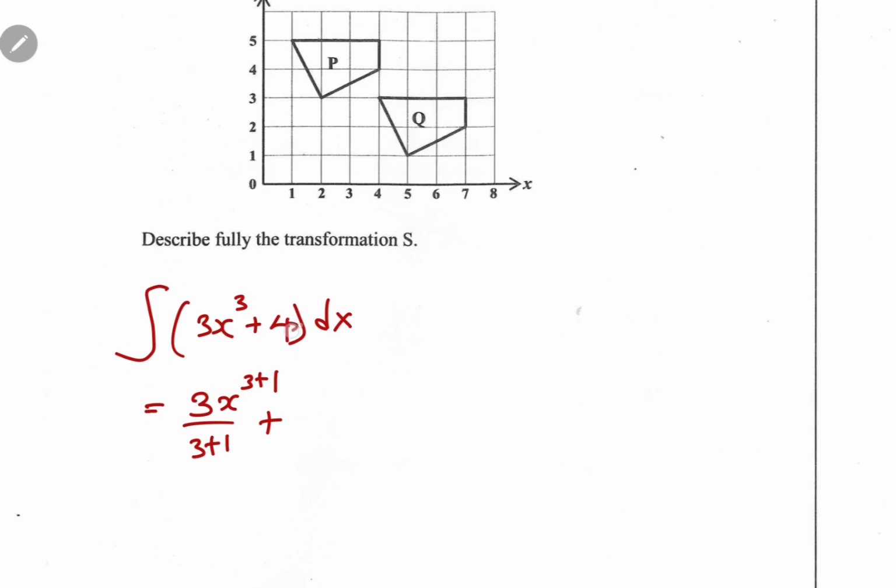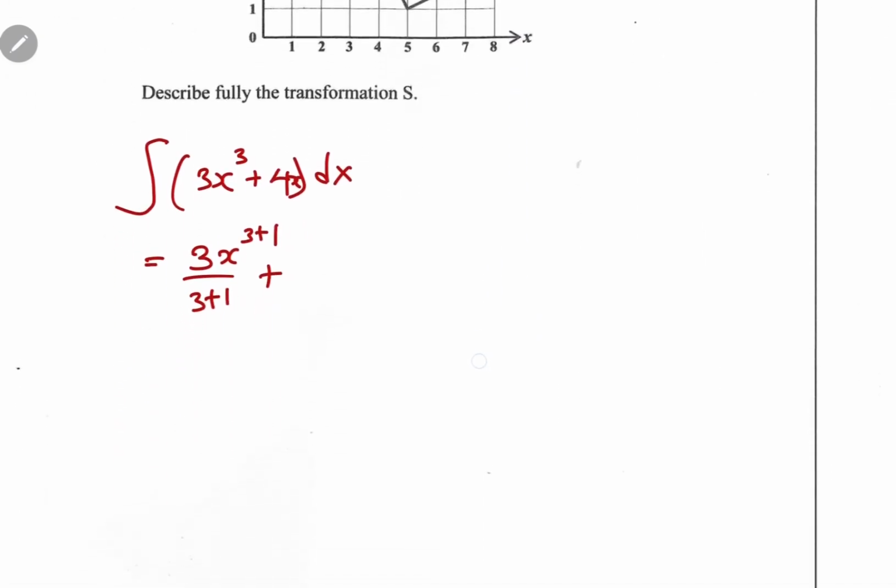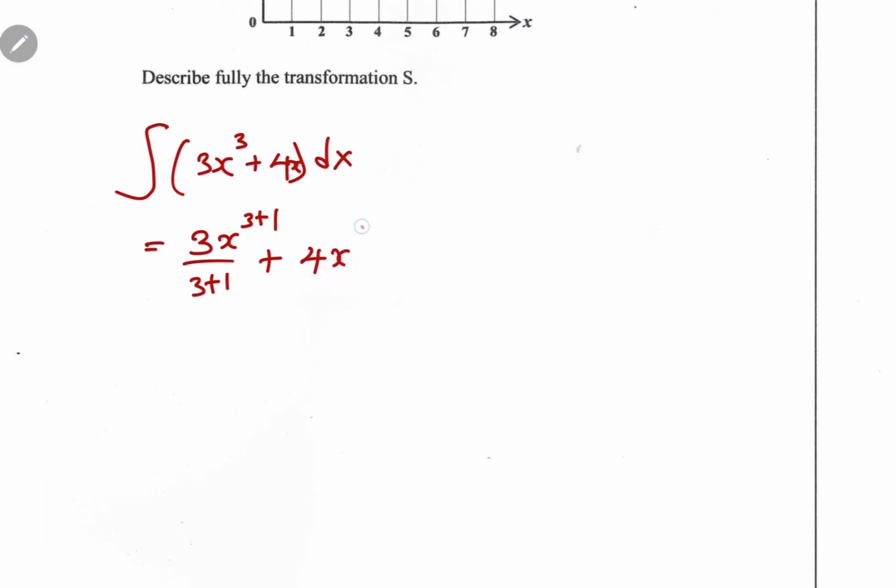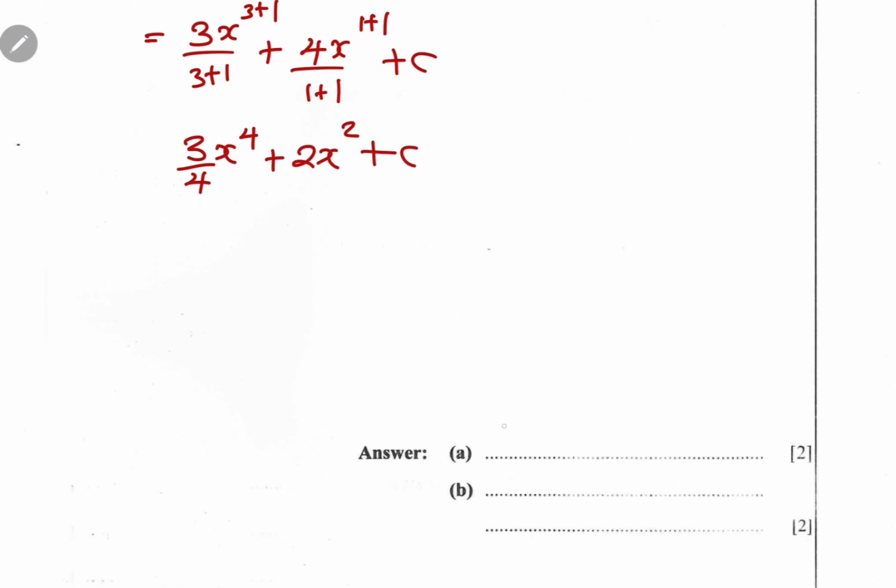Then plus, this is 4x please. I think I didn't copy it well. Yeah, it's 4x. So 4x is just the same as the power 1 plus 1 divide 1 plus 1. Then plus c. So here to simplify this is going to be 3 over 4x to the power 4 plus 4 divide at the bottom, it just becomes divided by 2. So this is simply going to be 2x to the power 2 plus c. So that is what you write here: 3 over 4x to the power 4 plus 2x square plus c.